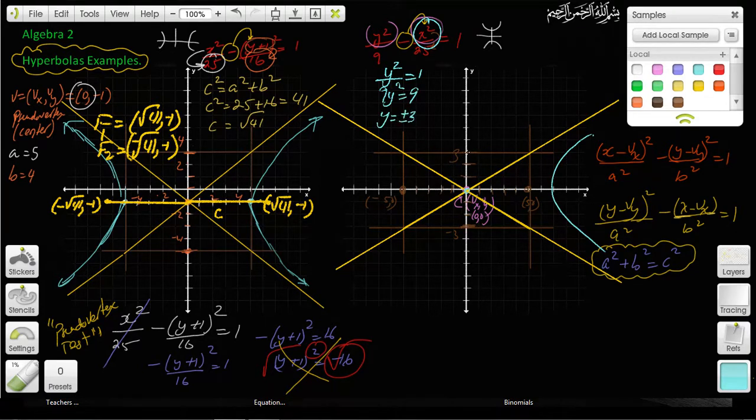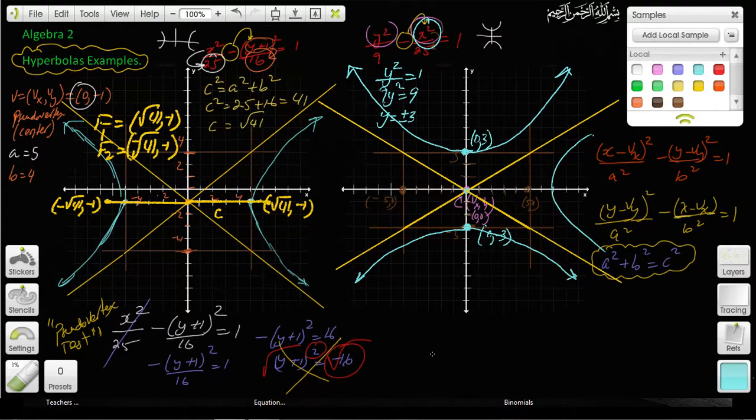Ta-da! So x is 0, y is 3, and x is 0, y is -3. So we get two legitimate values. So since you got two legitimate values over here, you must understand that this must be a vertical hyperbola like that.